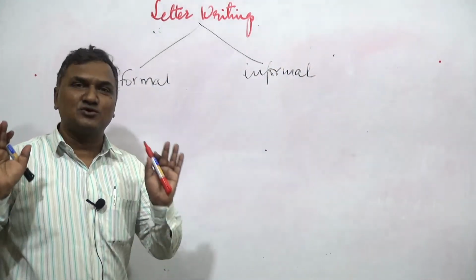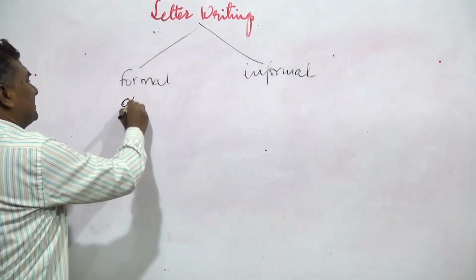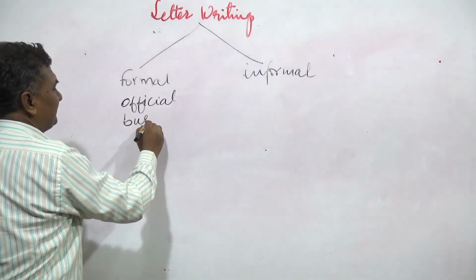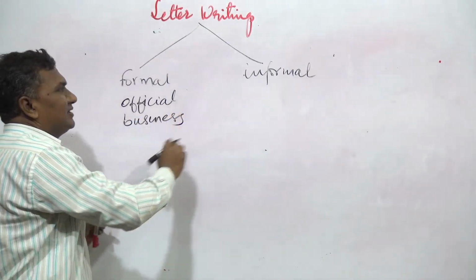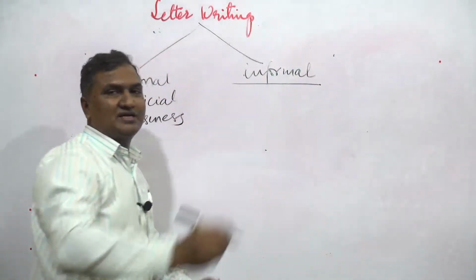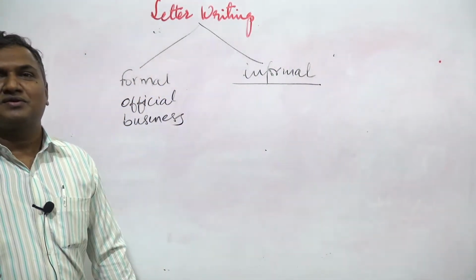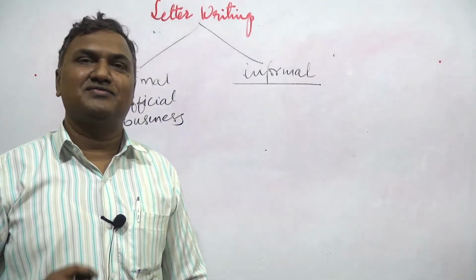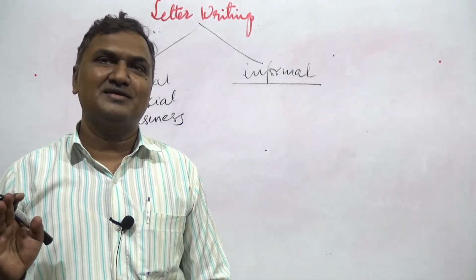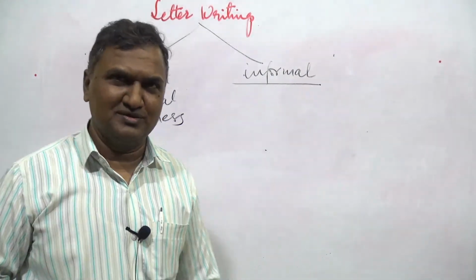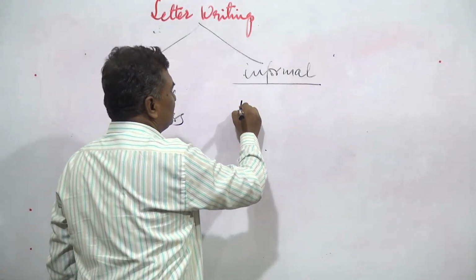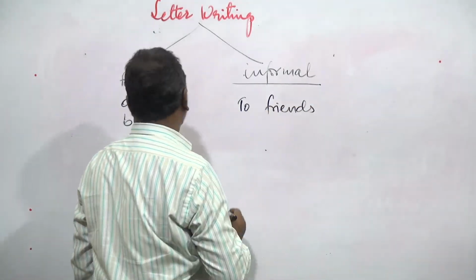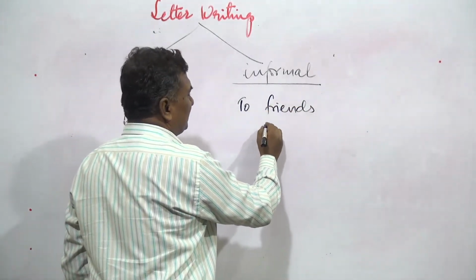Formal letter writing is also called official or business, and informal letter writing is known as that kind of writing which does not require any kind of embellishment, any kind of formality. Here the language can be informal also. And such letters are written to your friends. Such letters are written to your relatives.